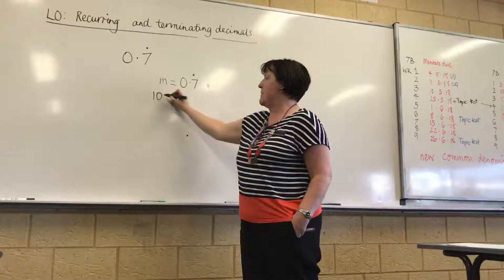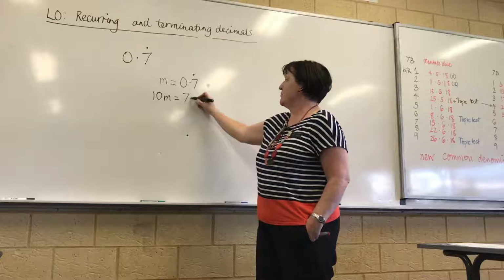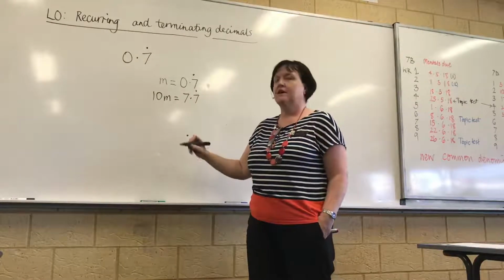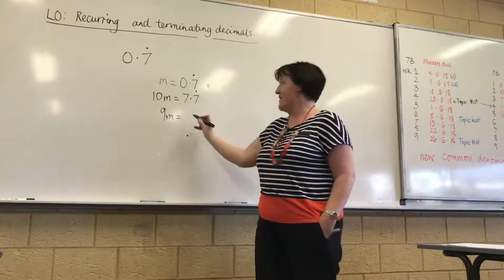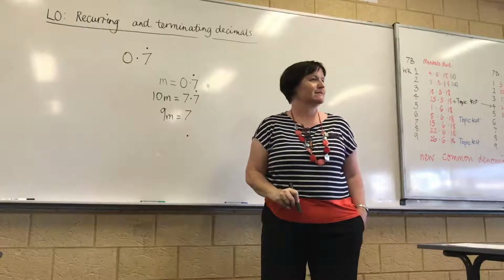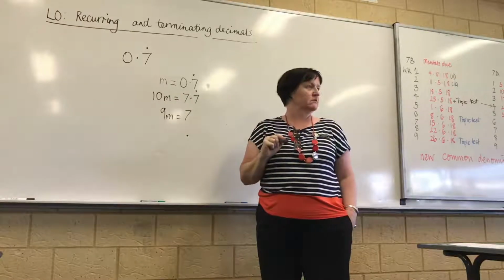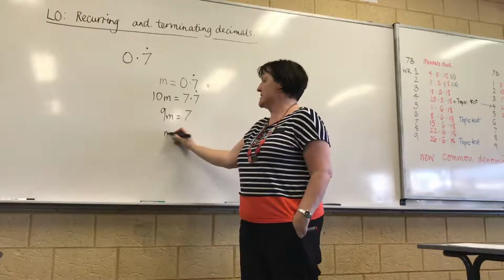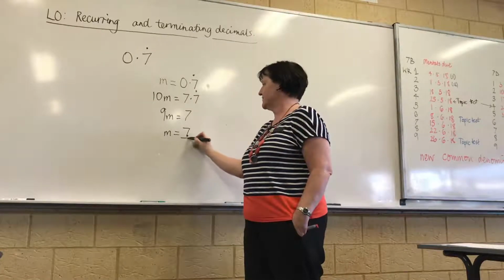What will 10m be worth? 7.7 recurring. So what will 9m be worth? 7, because it's that one, subtract that one. And so m is going to be worth 7/9.